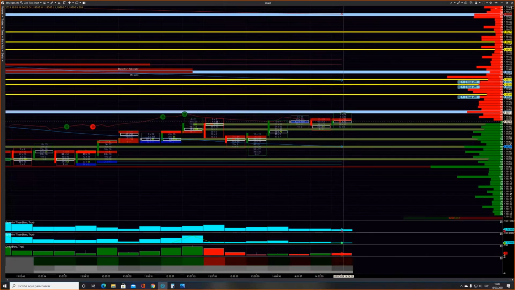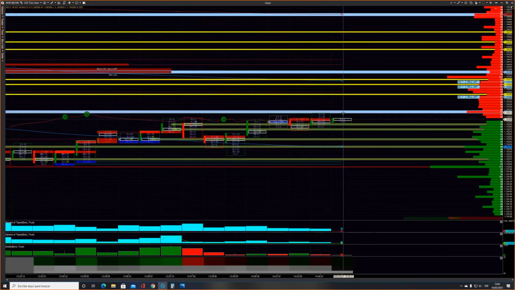Let's see. We have 10 minutes left. Let's see if we are lucky enough to see the entry. All right. It's getting close. Look how the liquidity is holding. It's holding the price from going higher.